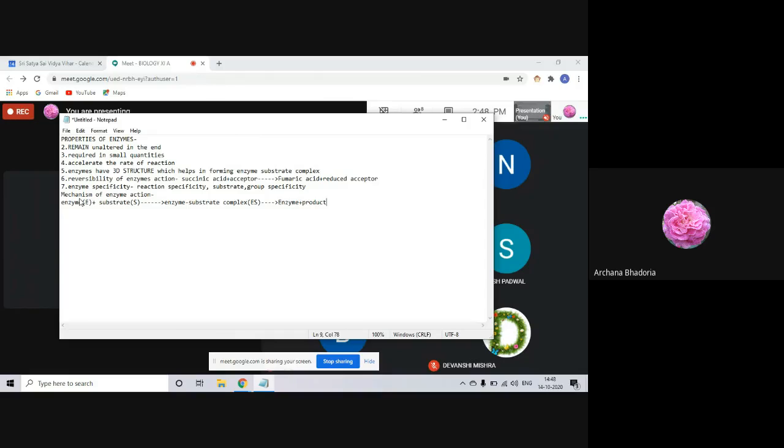It merely provides a platform or template on which certain molecules could react.